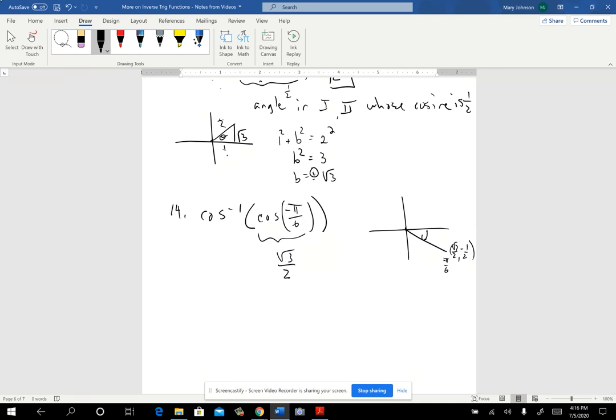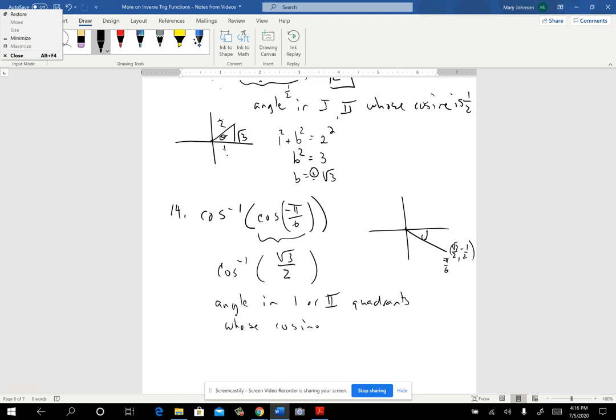Okay, now I need to do cosine inverse of that. Here's where you got to be careful. Okay, because cosine inverse needs to be an angle in the first or second quadrants whose cosine is square root of 3 over 2. Okay, so we need an angle in the first or second quadrant that has the same cosine.